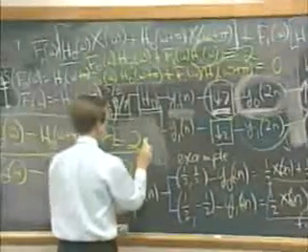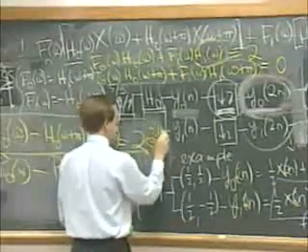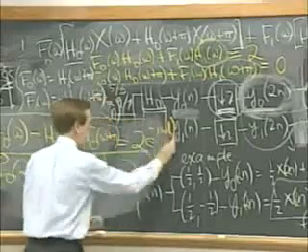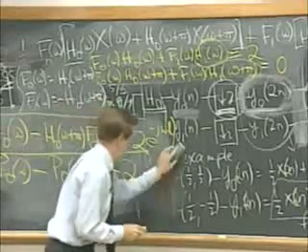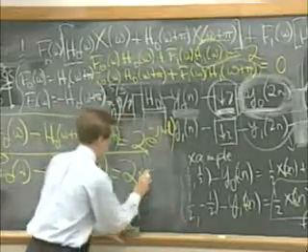So it's really 2 e to the minus j omega L. And now we've really got it.